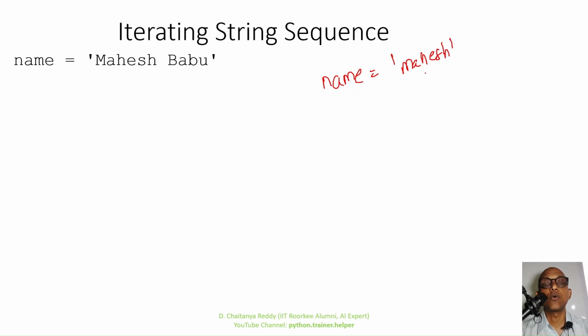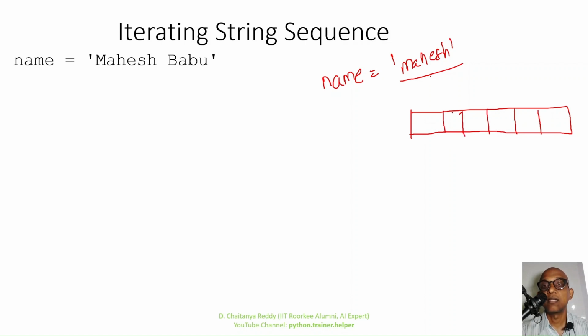Python is going to store the Mahesh string in the name variable. That is fine. And how this is created is, in memory, it is going to create something like this. How many characters? 6 characters are there, right? Mahesh. 6 characters. So this is a sequence of the characters of the string.